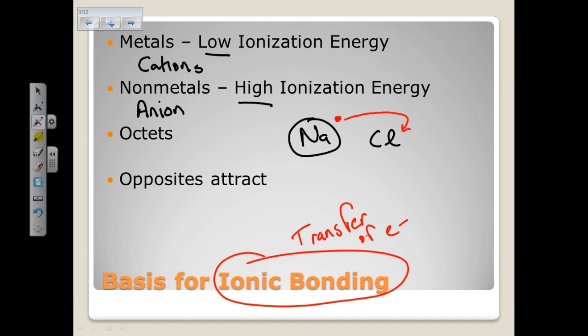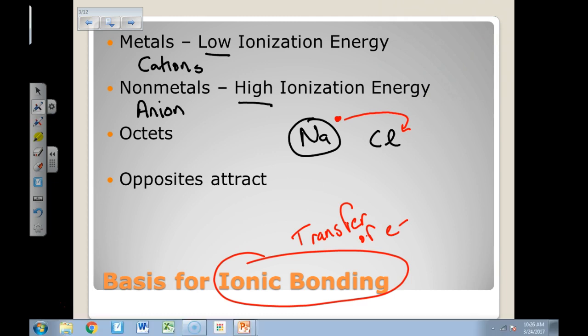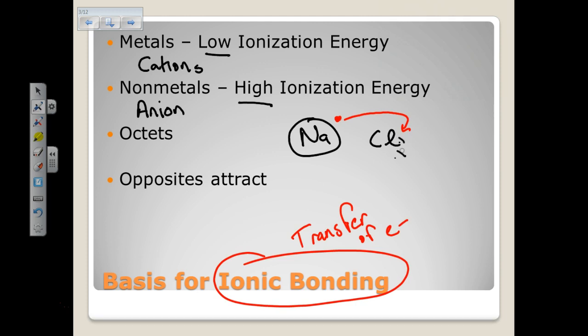Chlorine, by gaining an electron, because it already has 7 electrons around it, going back to Lewis dot structures here, now if I add this electron from sodium, it transfers here. Now there's 2, 4, 6, 8 electrons. It also makes an octet. So a lot of this is about making sure that we are satisfying the octet of these atoms.